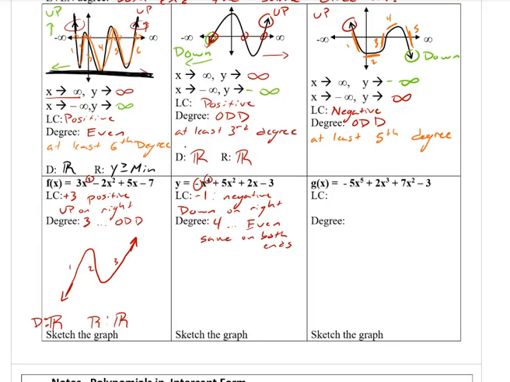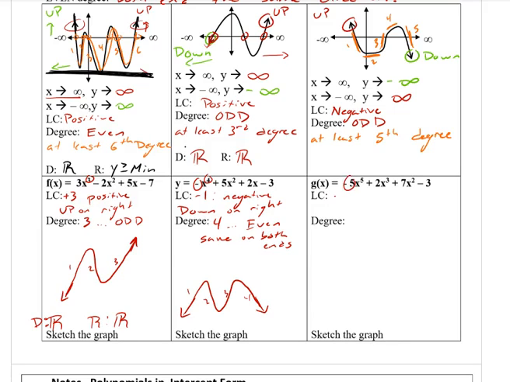So if it's negative and going down on the right, it's also going to be going down on the left. I need 4 changes, so 1, 2, 3, 4. Good.